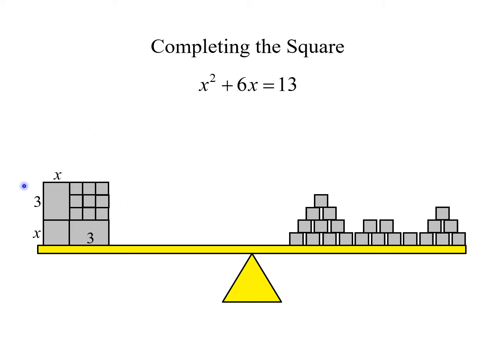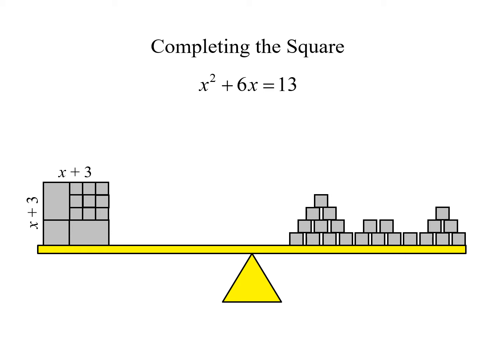Now I want to see what the length of this side is. It's not going to be 3 times x, it's going to be 3 plus x, or x plus 3. This side's also going to be x plus 3, so we'll change that around.